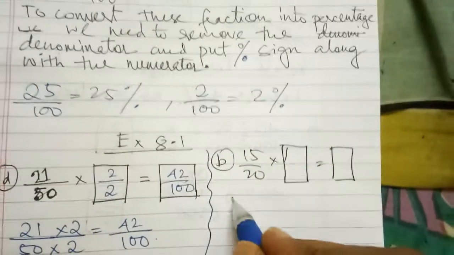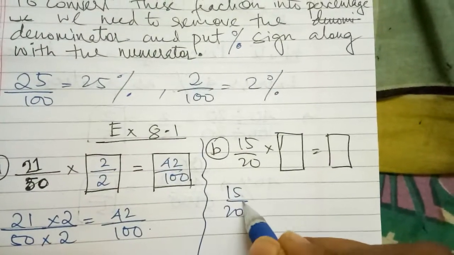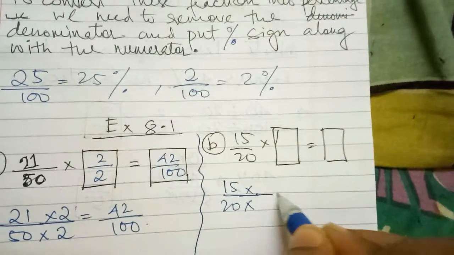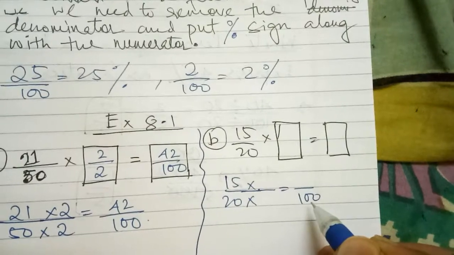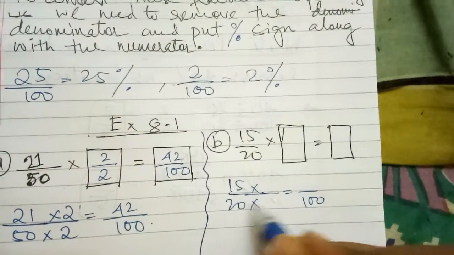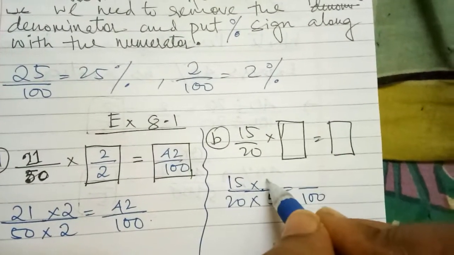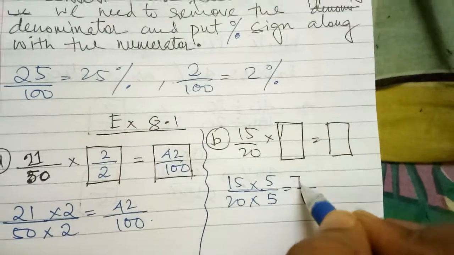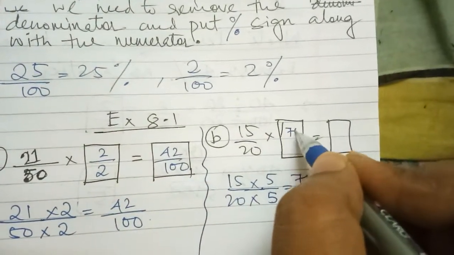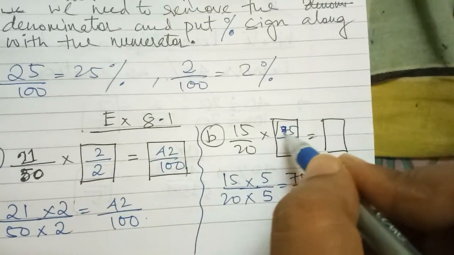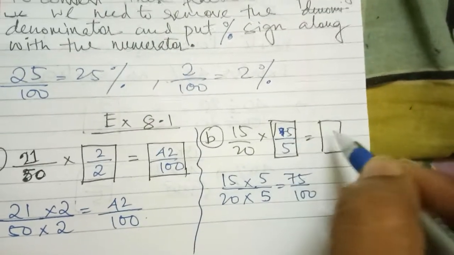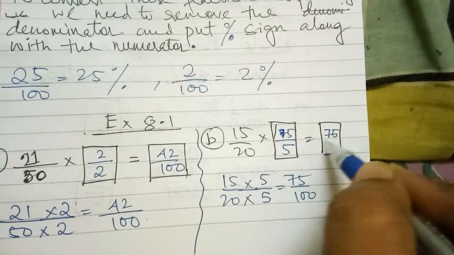Now how to do it? Write below: 20 into how much will be 100? The denominator I have already written as 100, because we have to make it 100, because it is percentage. 20 into 5 is 100. Then 15 into 5 will be 75. This will be 75 by 100.